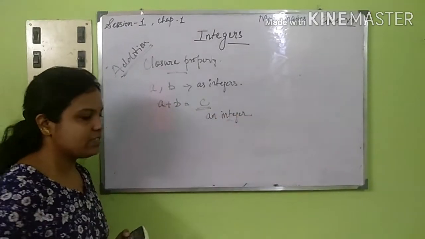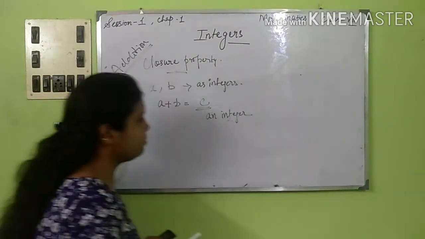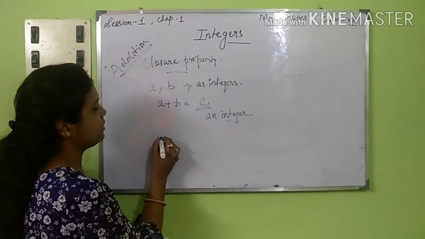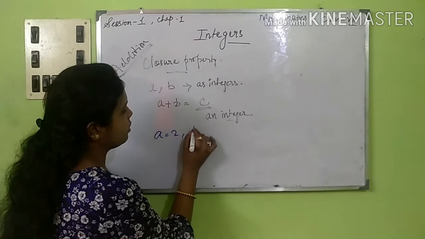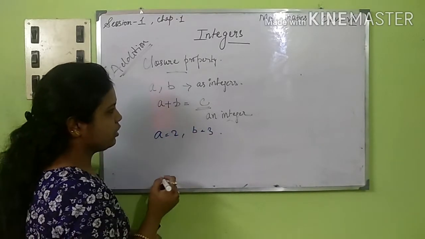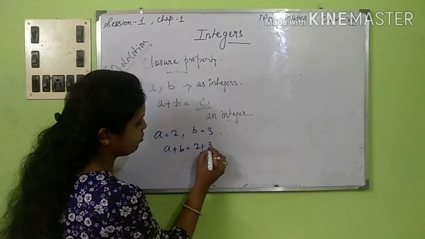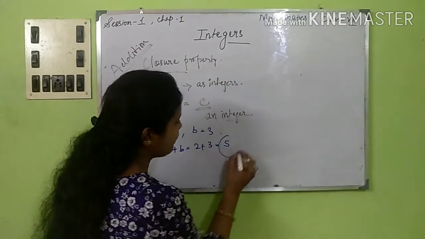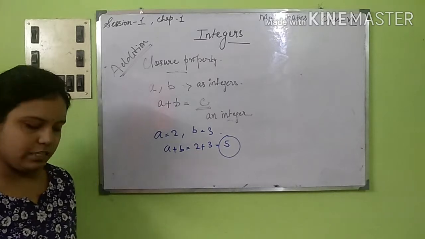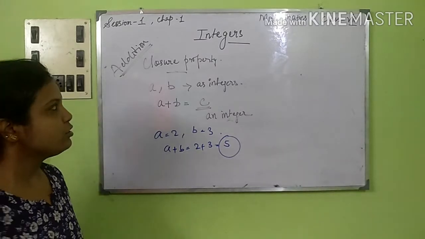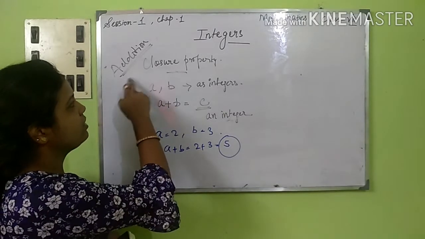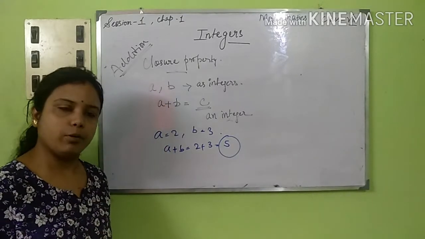Let's take for example a equal to 2 and b equal to 3. Whenever we take a plus b, that means 2 plus 3, we get 5. So 5 here is also an integer. This is how the closure property holds for addition.